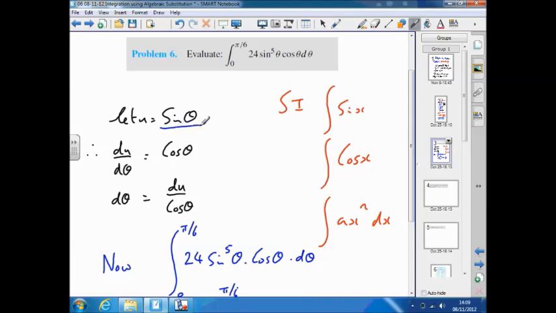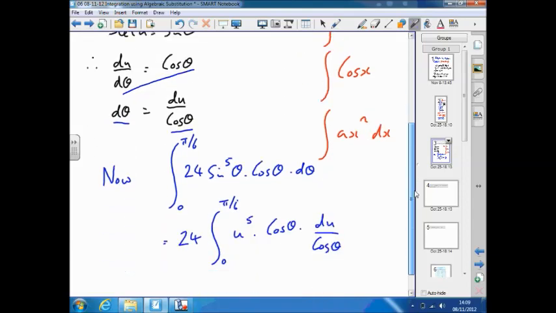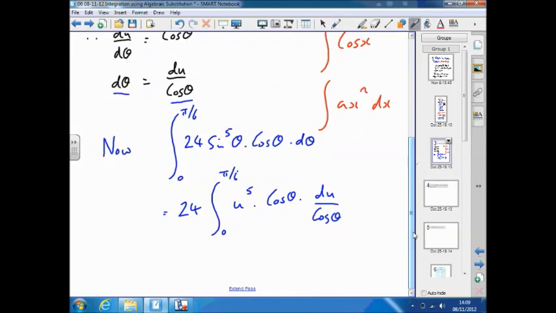And I know that if I differentiate sine, I'm going to get a cos. So when I rearrange it, d theta equals du over cos theta. Now, when I put that in here, substituting u instead of sine theta, I get u to the 5.